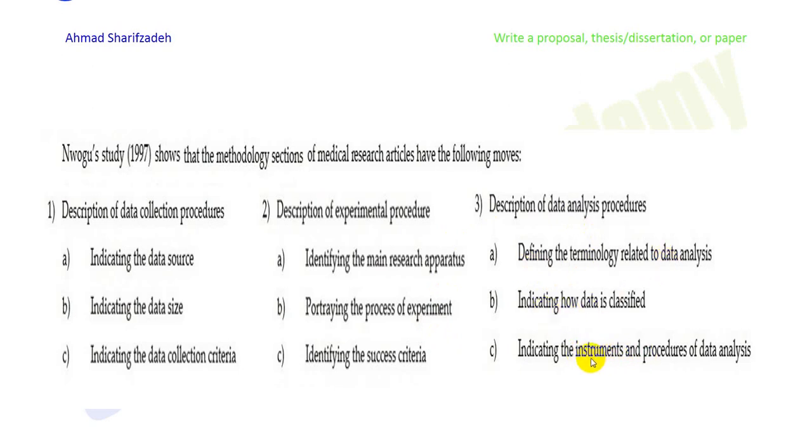For example, we tell the readers that we used SPSS software, okay, the 24th edition, okay. Then the readers will know which software I have used in my research to analyze data, okay, not to collect, to analyze data. And I tell them that I used ANOVA or MANOVA or t-test or whatever it is, okay.